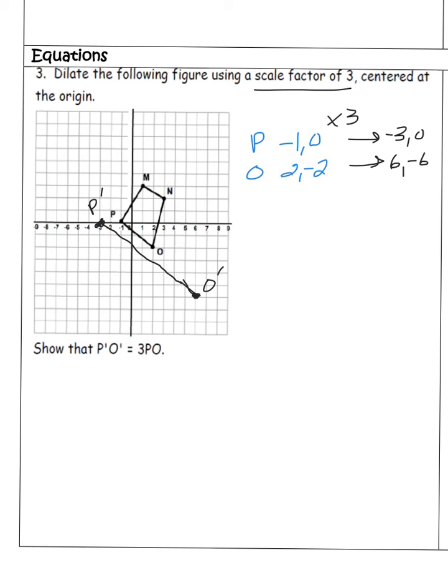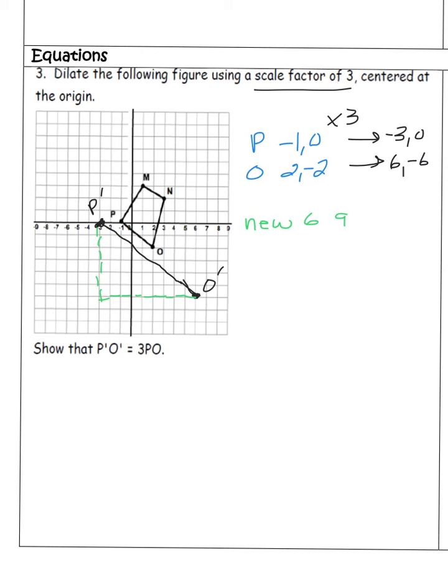All right, now that we have that, we just need to calculate our distances. So we're going to do the new one first. We're going to do my rise, which is 1, 2, 3, 4, 5, and 6 down. And 1, 2, 3, 4, 5, 6, 7, 8, and 9 across.